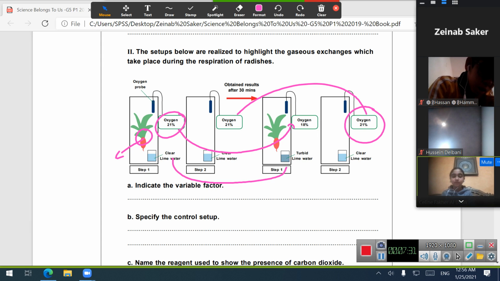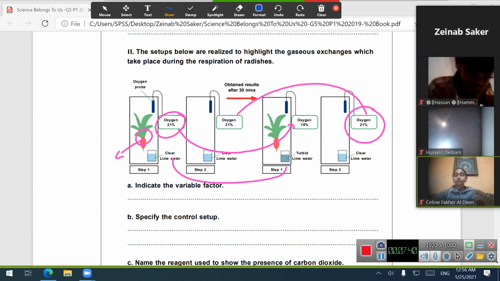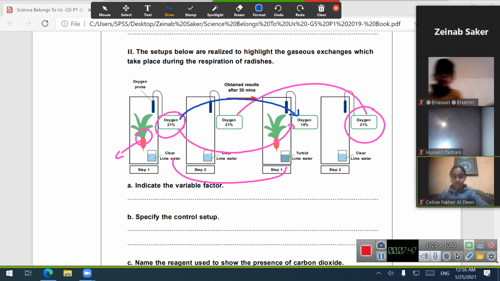Because the radish plant breathes or respires. That's why the amount of oxygen decreases from 21 to 18. So the amount of oxygen decreases because the radish plant makes respiration, and during respiration, oxygen gas is absorbed.